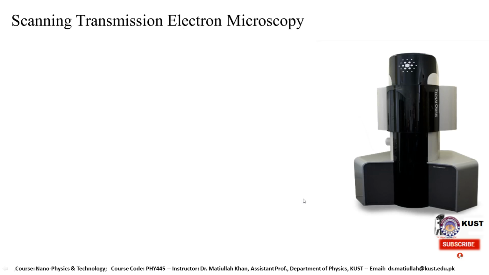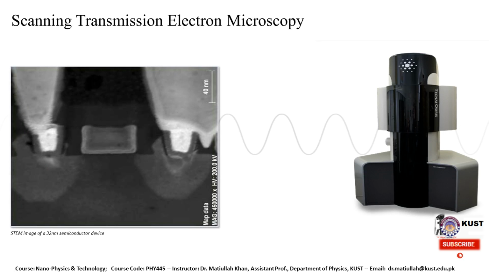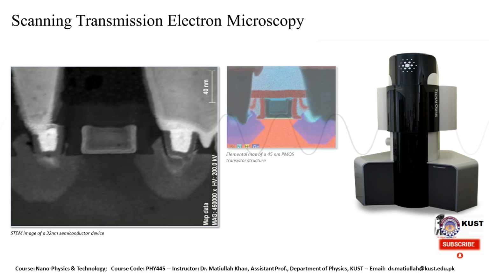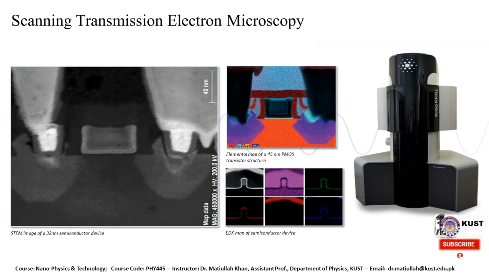Scanning transmission electron microscopy is another improvement in the field of electron microscopy. This is actually the combination of the scanning electron microscope and the transmission electron microscope, and it can give very nice information about the sample. Here we have some images of STEM, scanning transmission electron microscopy.